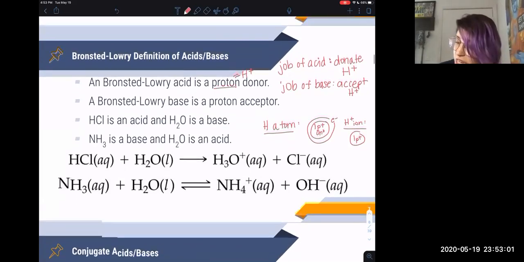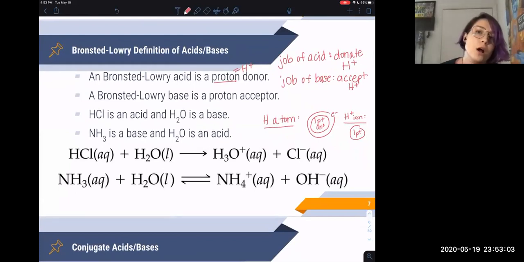You can also tell a little bit about what's going on by looking at a reaction. So take a look at this first reaction here. Do you see where the hydrogen is being donated and where the hydrogen is being accepted? So let's track this hydrogen right here. The hydrogen is with the chlorine. And if you look on the right side, where'd the hydrogen go?